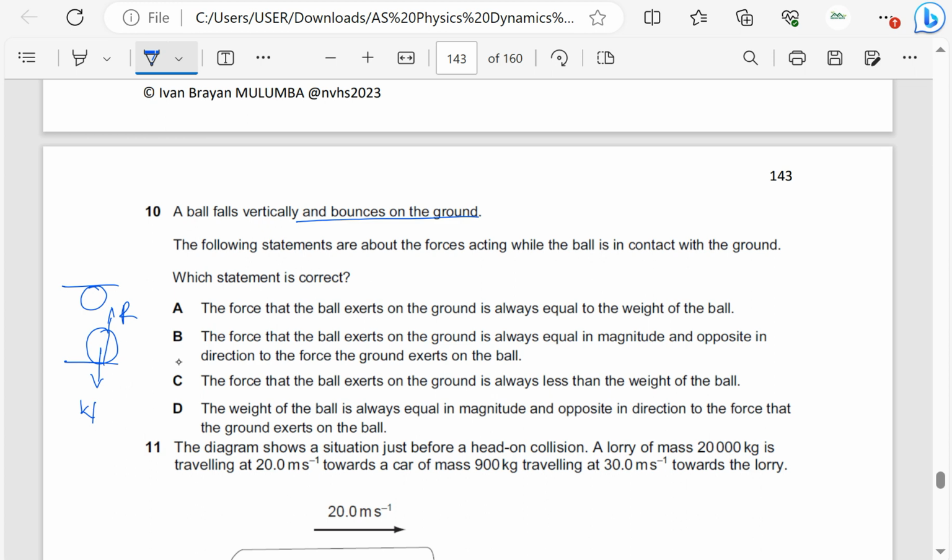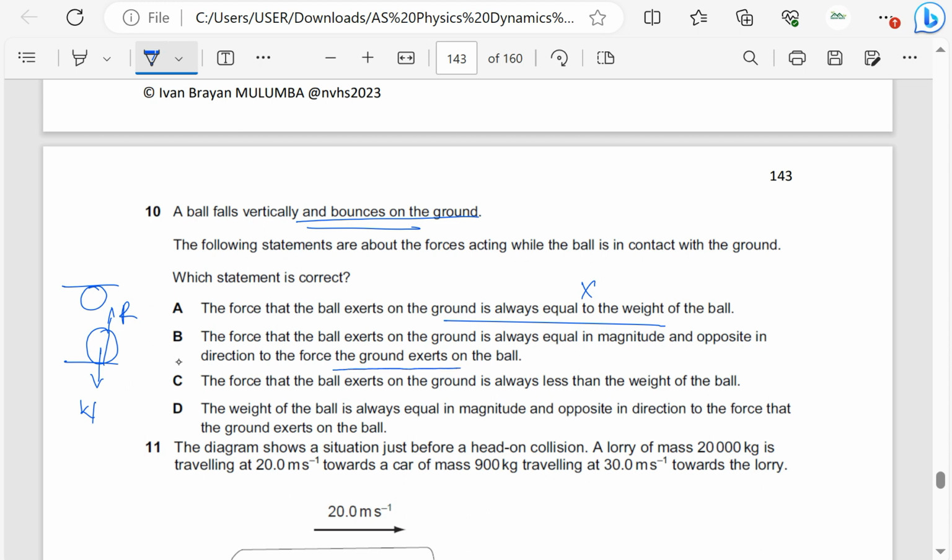The force that the ball exerts on the ground is always equal to the weight. So this part here is not true because the ball bounces, so it is not equal. The force that the ball exerts on the ground is always equal in magnitude and opposite in direction to the force that the ground exerts on the ball.